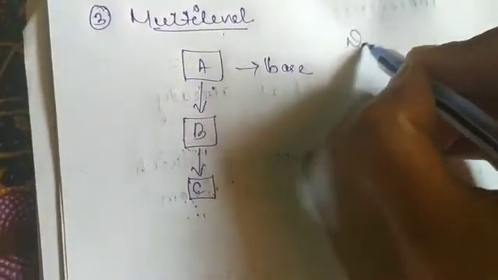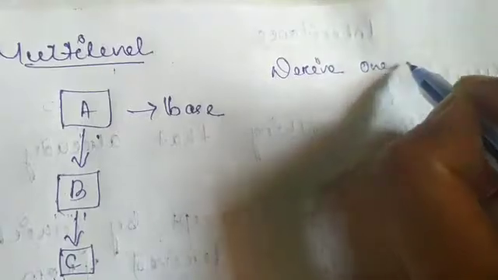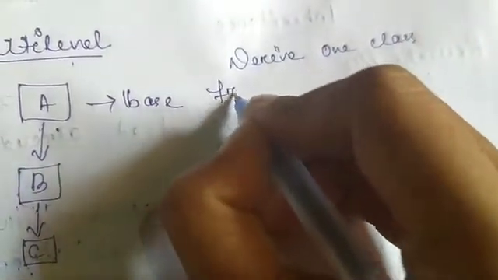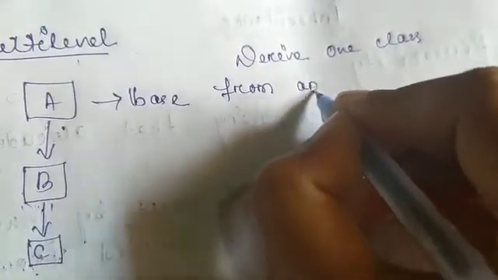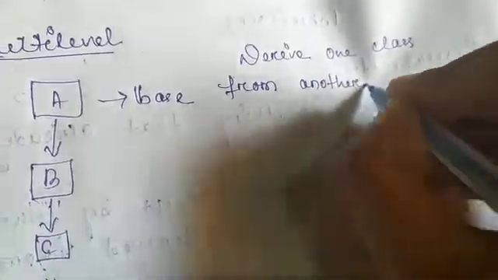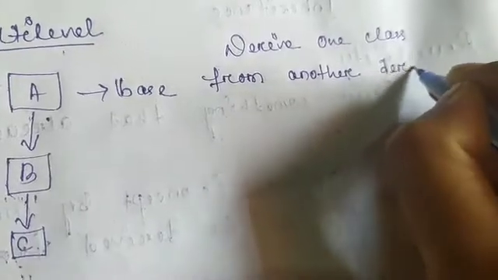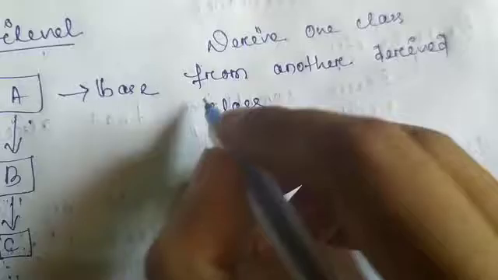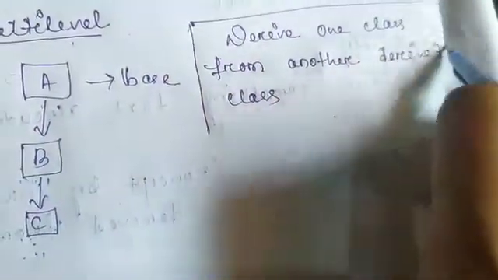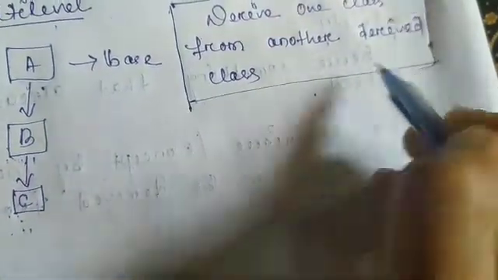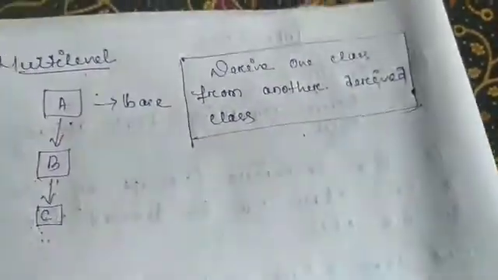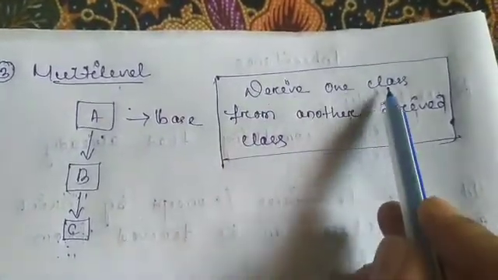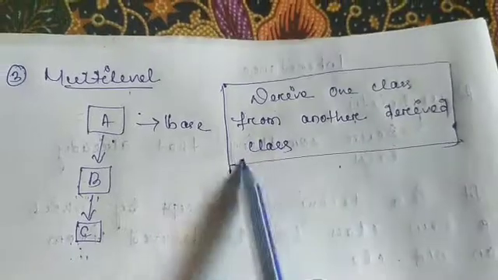So this is the mechanism of multi-level inheritance: derive one class from another derived class.